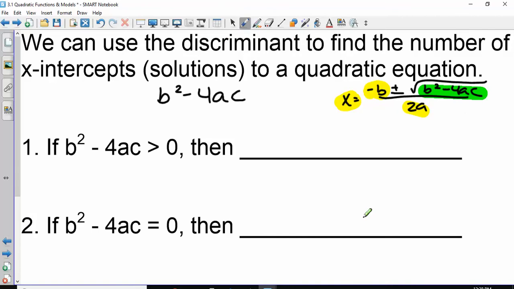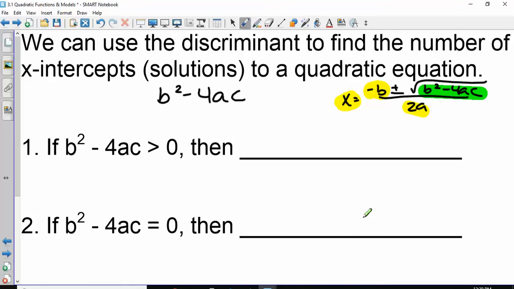And sometimes we are solving a quadratic, so we might have to do the quadratic formula. Sometimes I don't actually care about the solution. I just care if there is a solution or what the solution might look like. And that's the case where we use the discriminant.